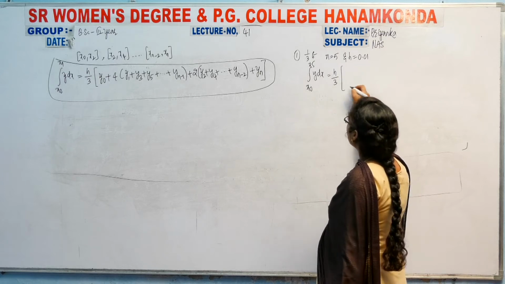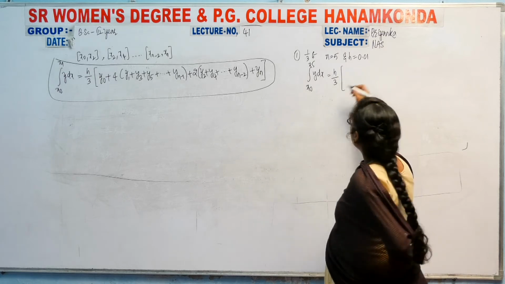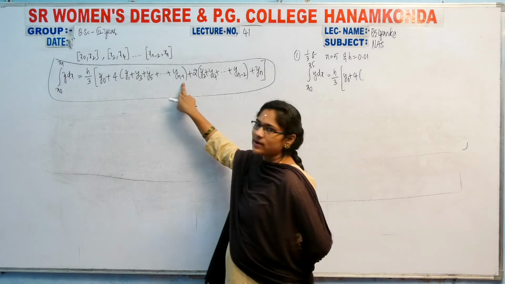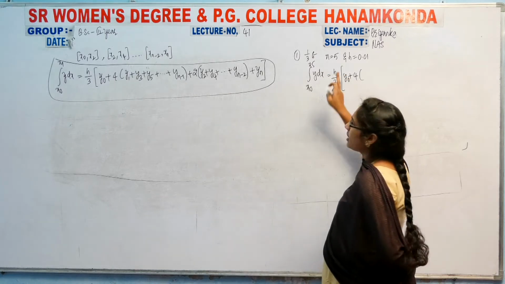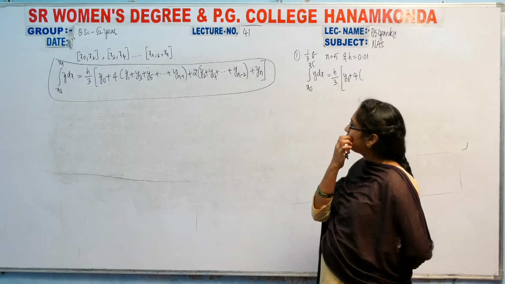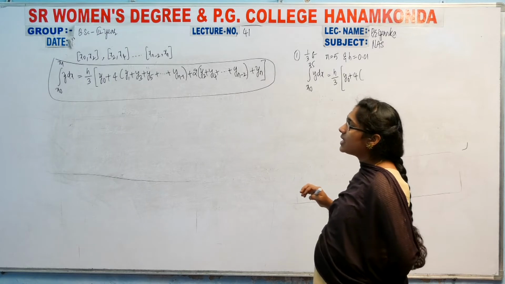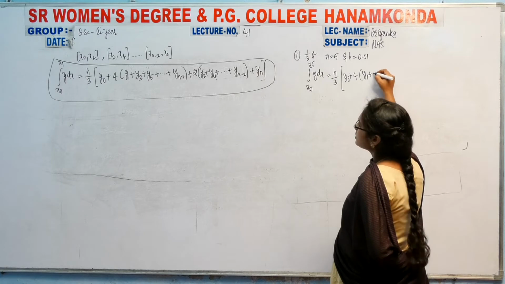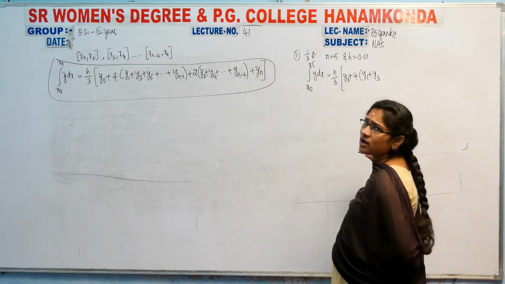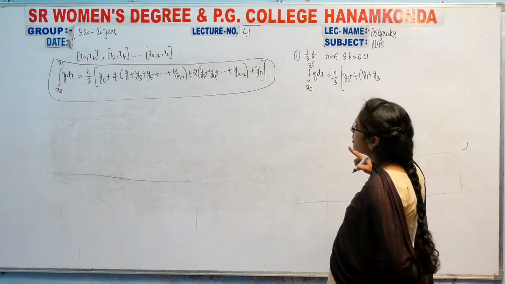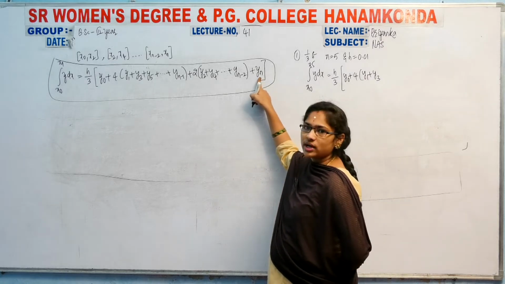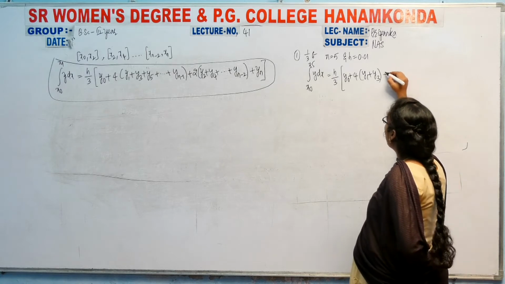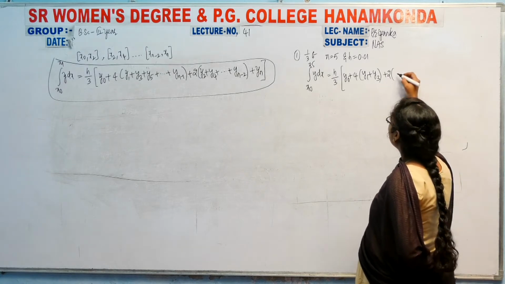Directly I am writing the formula because I am going to substitute the n value here. Now y0 plus 4 of y1 plus y3 up to n minus 1. What is n? 5. 5 minus 1 means 4, we have to take up to 4. But 4 is nothing but an even number. Right? So that's why here y1 plus y3, next y5, the last value. Right? Then plus 2 of the even values, y2.